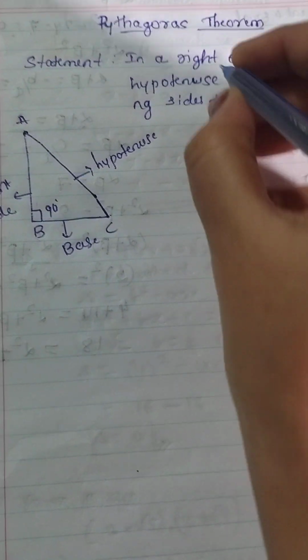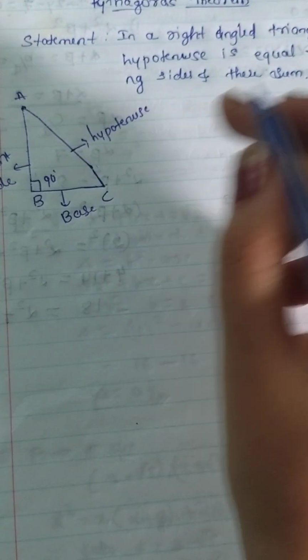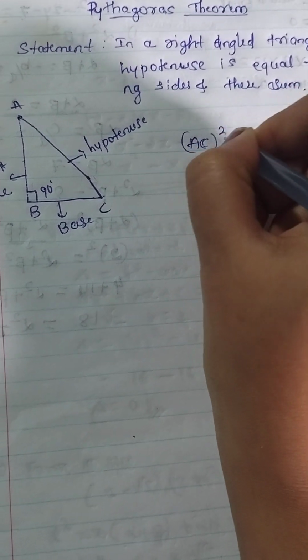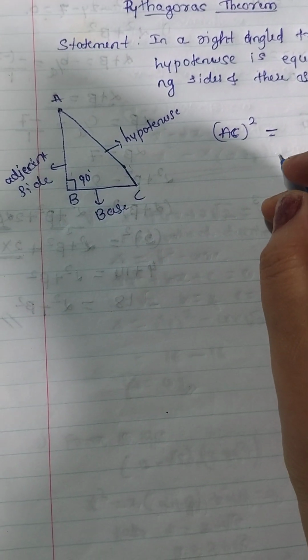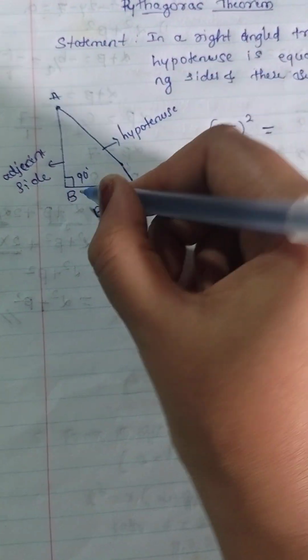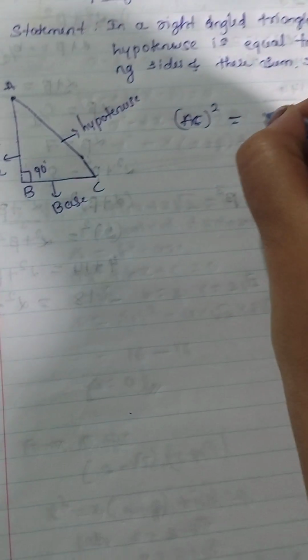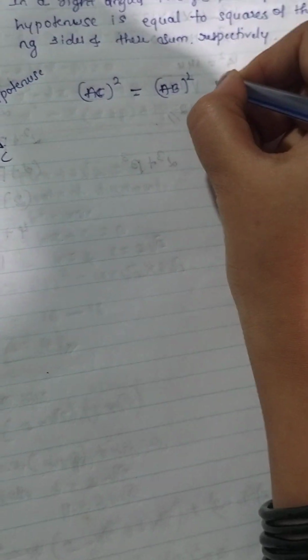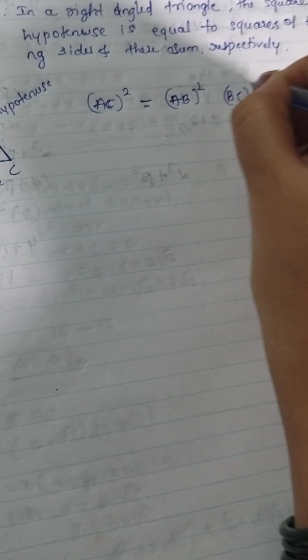Okay. So here, according to the statement, the square of the hypotenuse means the square of AC, that is equal to the individual squares, that is AB square and BC square and their sum.